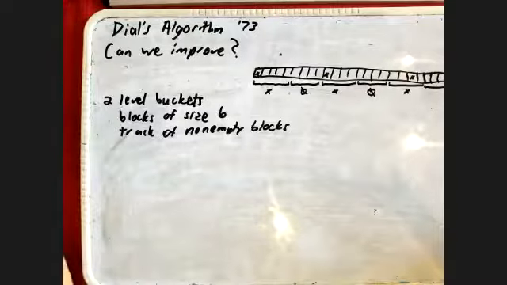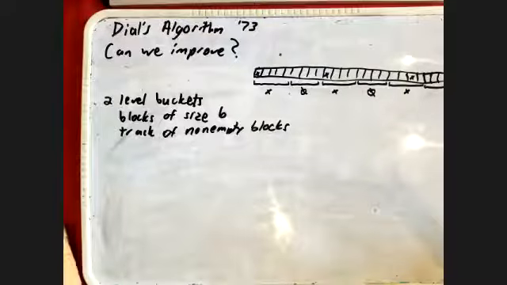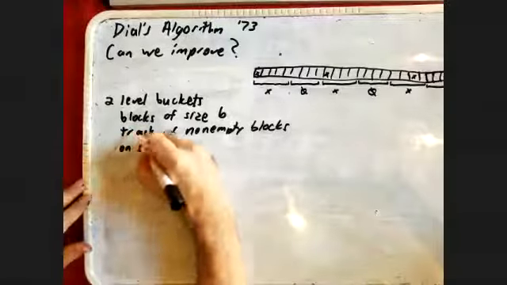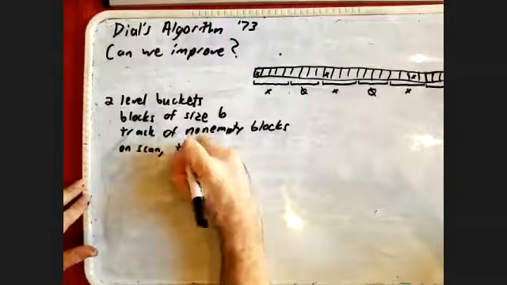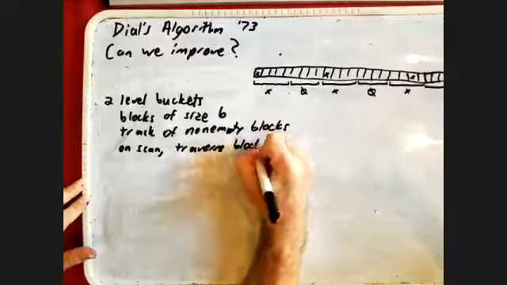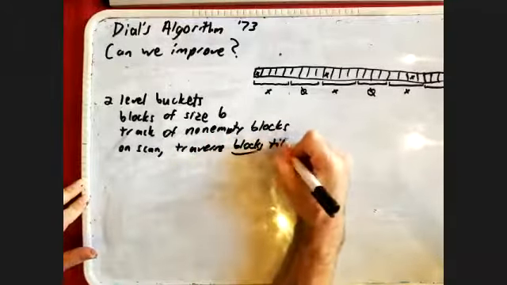You can first use the larger blocks until we reach a non-empty block, and then go refine the search. Exactly. So on a scan, I will traverse blocks till I find a non-empty one.